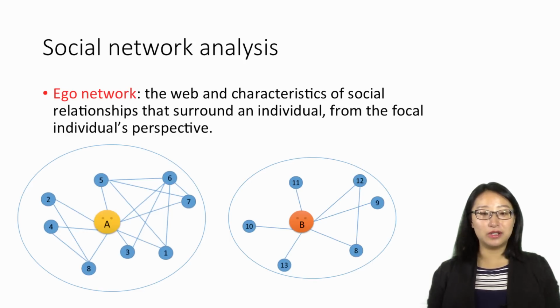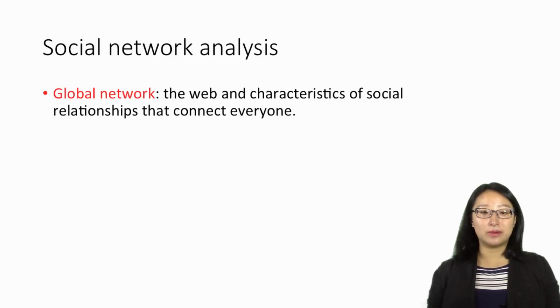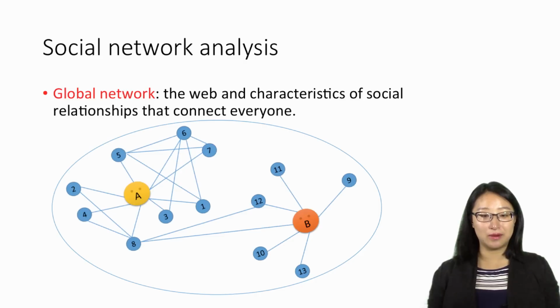In contrast to ego network, a global network or complete network is defined as the web and characteristics of social relationships that connect everyone. Of course, we need to first set up a boundary for a complete network. For instance, we can construct a complete social network of students from a class or from a school.